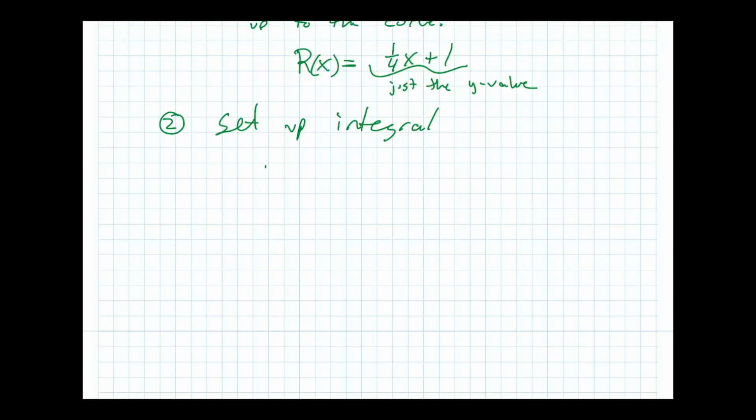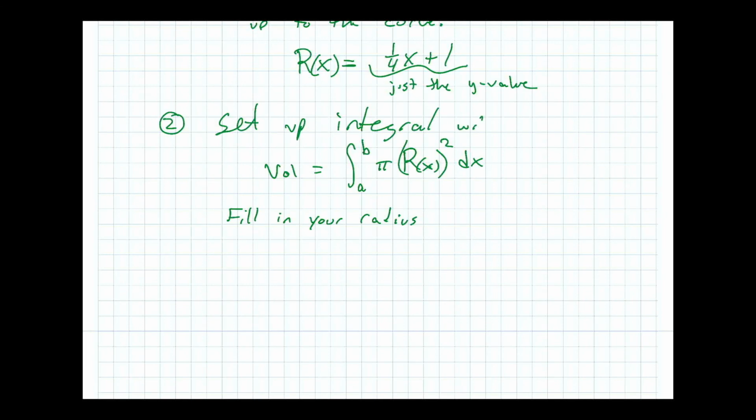And so your integral is going to tell you that the volume is the integral from a to b of pi r of x, parentheses squared, dx, like so. Fill in your radius. And in this case, this is what we call the disk method.